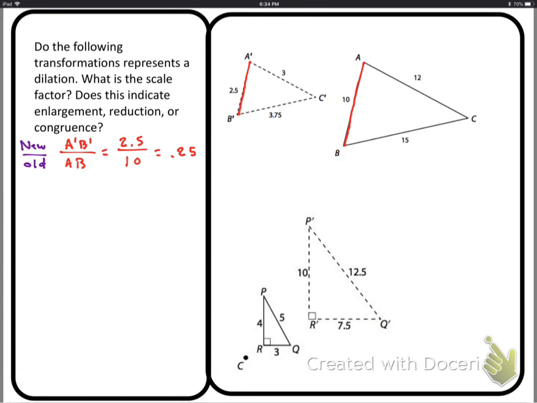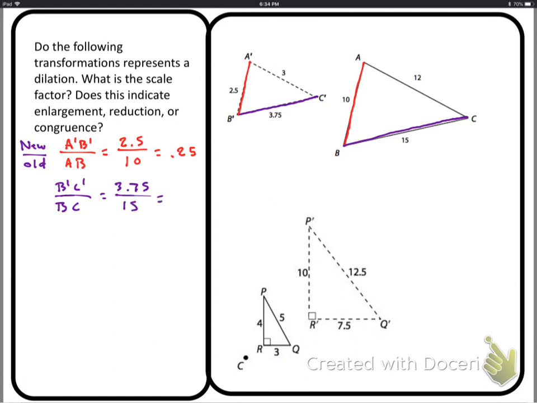Okay, so now next side, we can do B prime C prime to B and C. And you don't have to write this out each time. If you can visualize it, then by all means go ahead and visualize it.